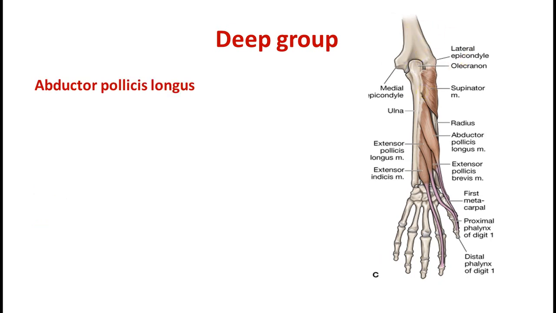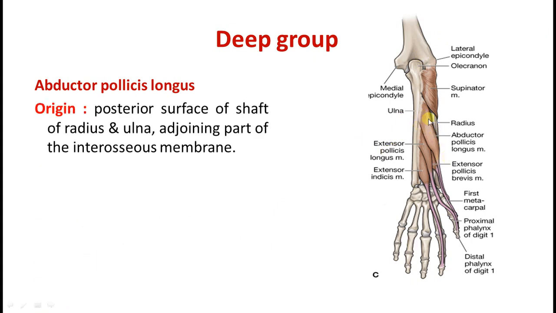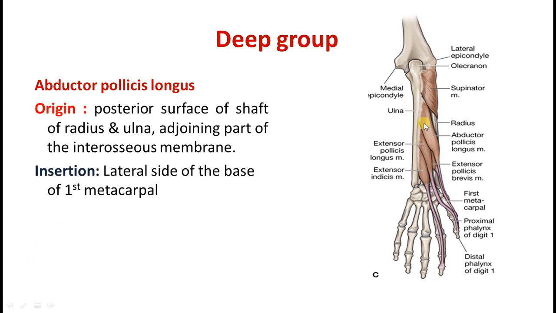Next, you are able to see the abductor pollicis longus. It arises from the posterior surface of the shaft of the radius and ulna, and also from the interosseous membrane, as I told you. From now on, you will come across this interosseous membrane. If you don't remember anything else about this muscle, at least write interosseous membrane. For the deep group, remember interosseous membrane as one of its origins.